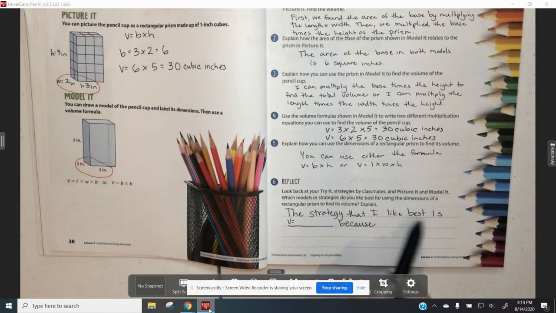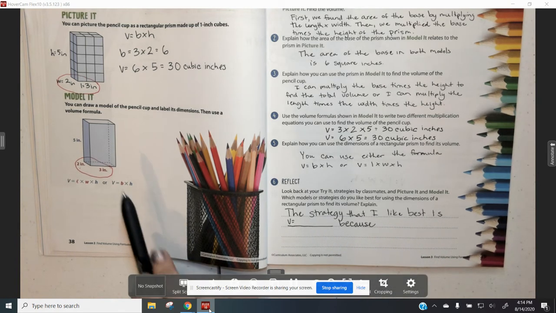The strategy I like best is this because, and then give me 1 or 2 sentences that tell me why you prefer one method over the other. Now, I don't want you to say something like, oh, I like this because it's easier. I want you to tell me a real reason, not just that it's easier, as to why you prefer one method over the other. Go ahead and pause and finish it out.